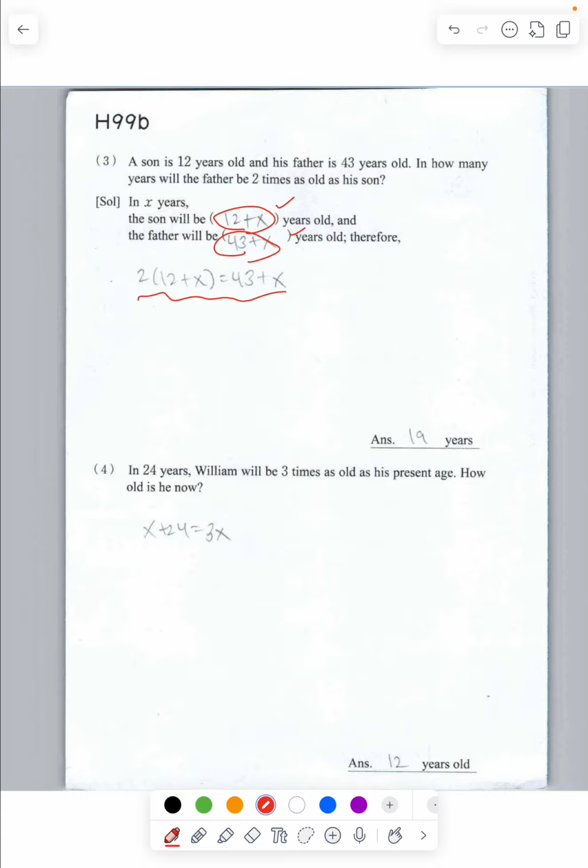So it says 2 times as old as his son, right? 2 times as old as his son. So 12 plus X. And then what? Plus it again. Equal to?